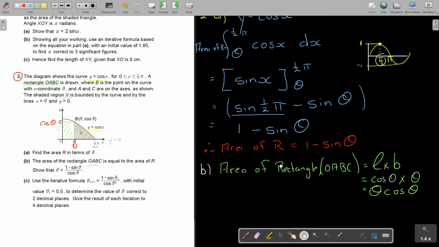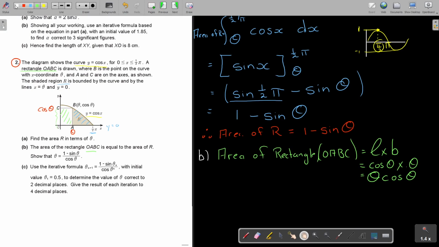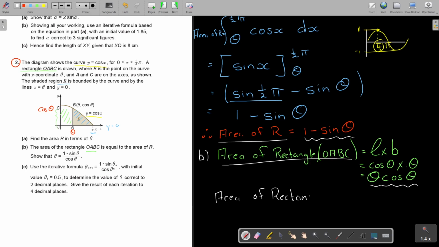Now, the statement said that the area of the rectangle is equal to the area of R. So I'm basically saying these two will be equal. So this will be equal to this. Area of rectangle equals area of R. Now, what is the area of the rectangle?